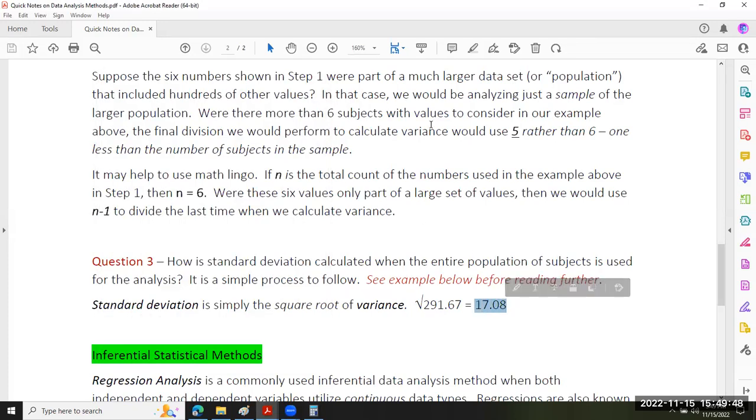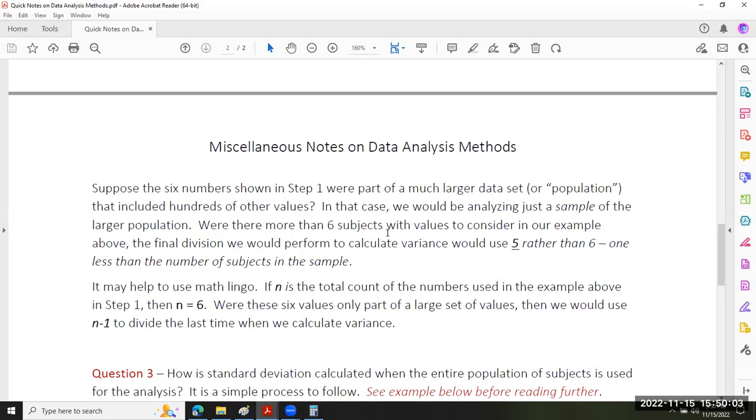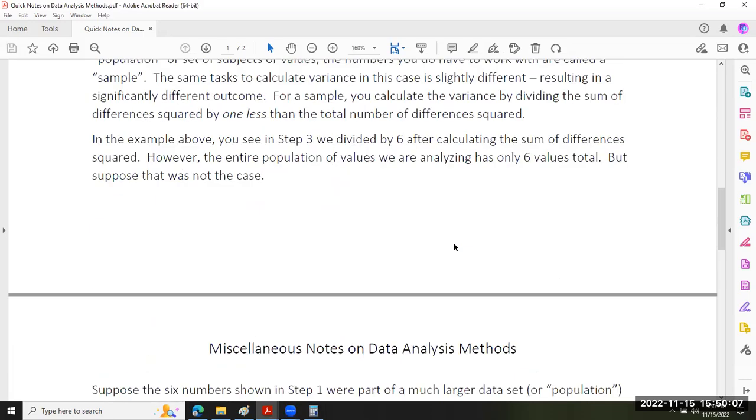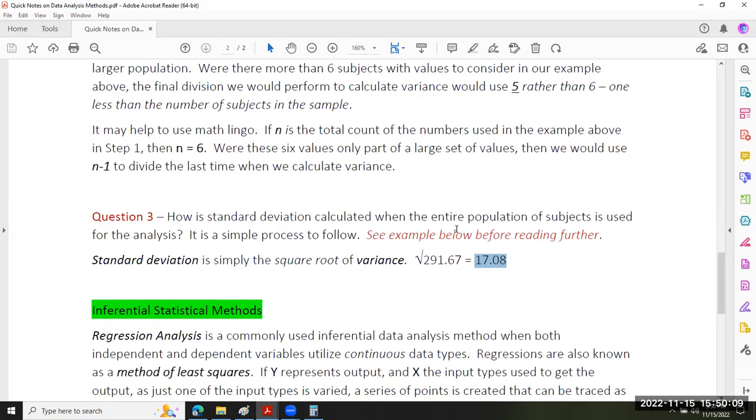So among those 6 data points, I can relate that 95% of the... standard deviation is 17.08. So on this bell chart, what does this number amount to? 17.08 is my standard deviation.